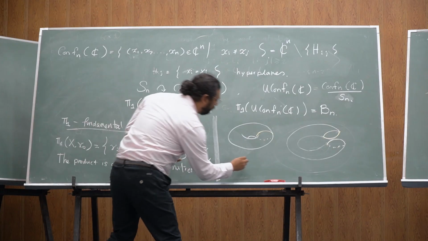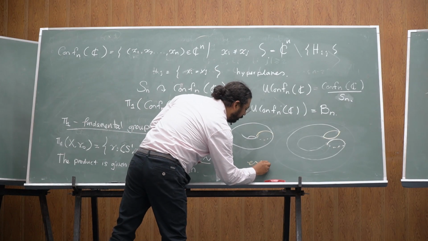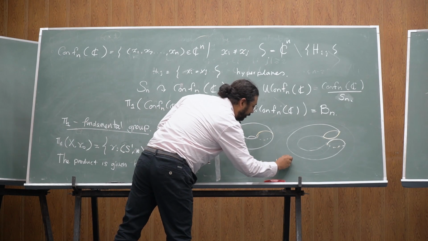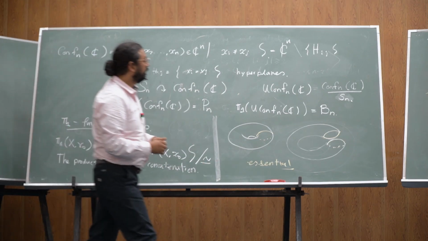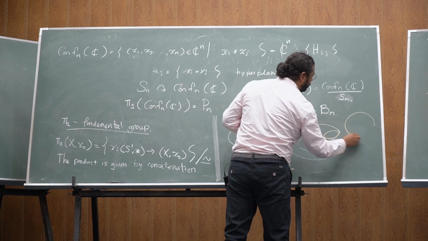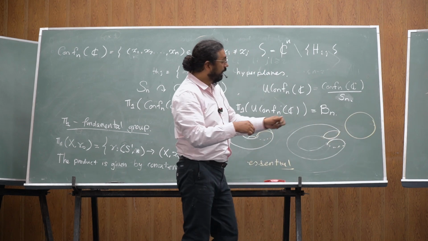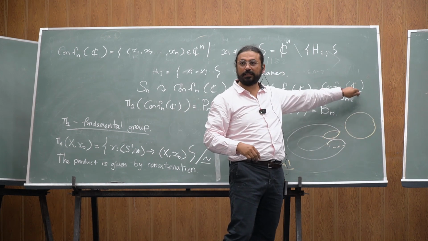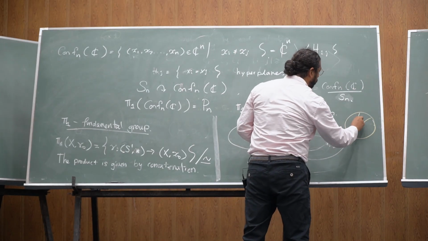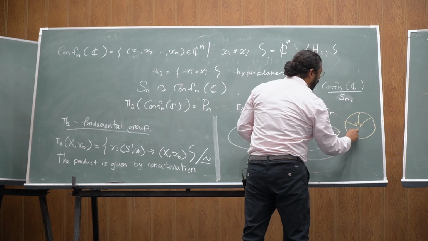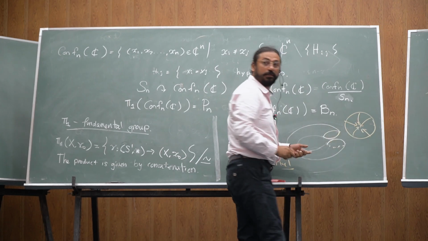We call them essential. Because the other ones, the curves that have an inside and an outside, we could contract everything to the inside, right?